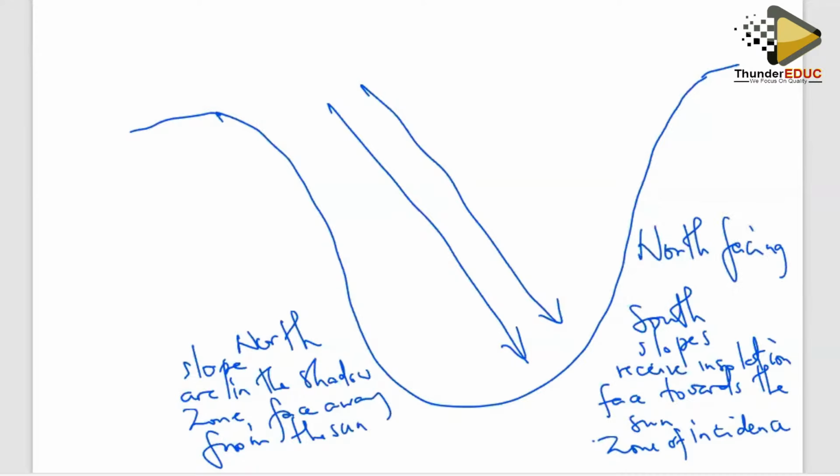It's one and the same thing. A slope which is in the south is facing to the north. A slope which is in the north is south facing. So you must not confuse those two. A north facing slope in the southern hemisphere is a southern slope. A south facing slope in the southern hemisphere is a northern slope. I think that is clear.